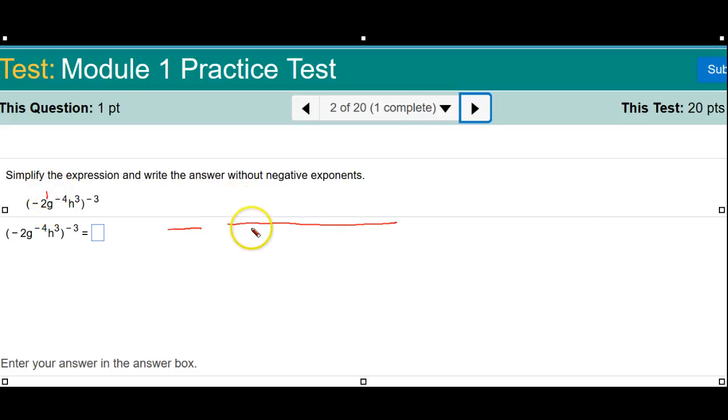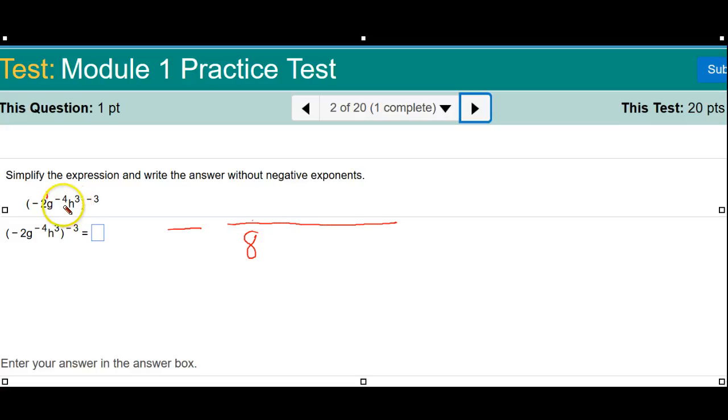When we bring it down, so if we put it up here, 2 to the negative 3. When we bring that down to our denominator, this is going to be 2 to the 3rd, which makes it an 8 down in the denominator there. So we can erase that for now.